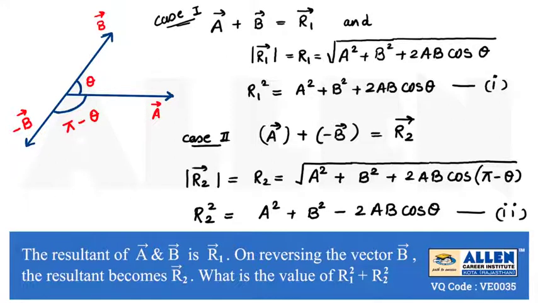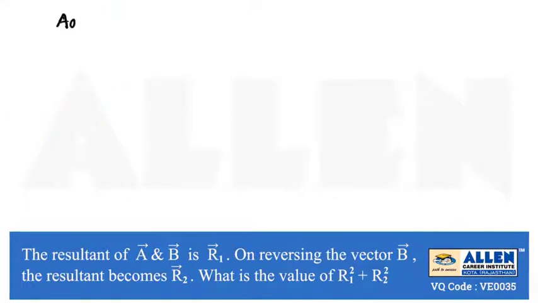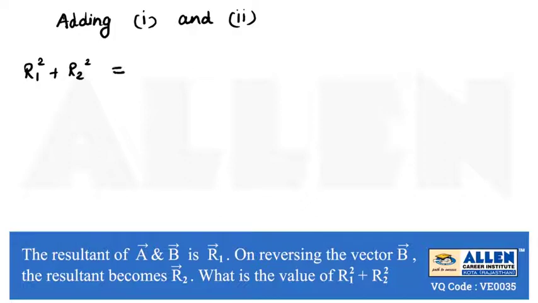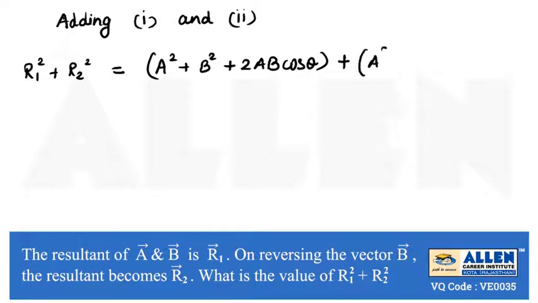So on adding first and second, on the left hand side it will be R1 square plus R2 square, and on the right hand side it is A square plus B square plus 2AB cos theta, which is R1 square, and A square plus B square minus 2AB cos theta, which is R2 square.